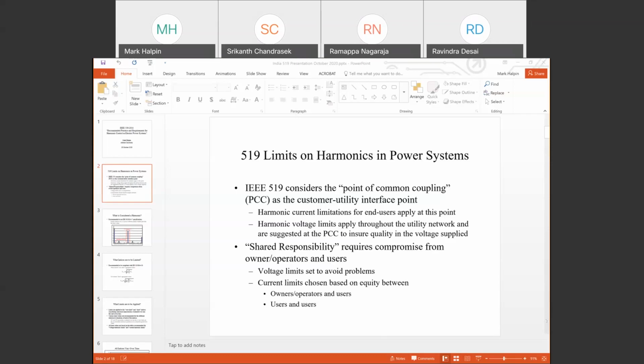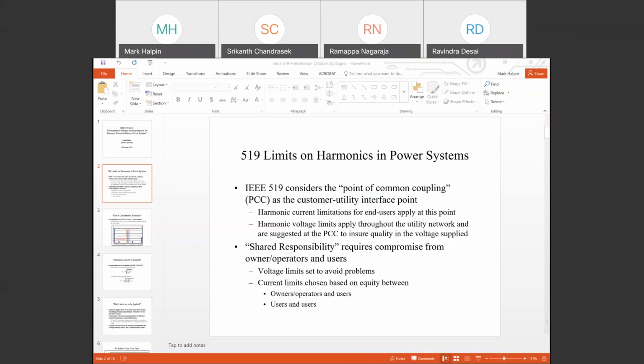So in effect, you can think that the larger users own a bigger piece of the utility system. If they own a bigger piece, so to speak, then perhaps they should be allowed to create greater disturbance levels.